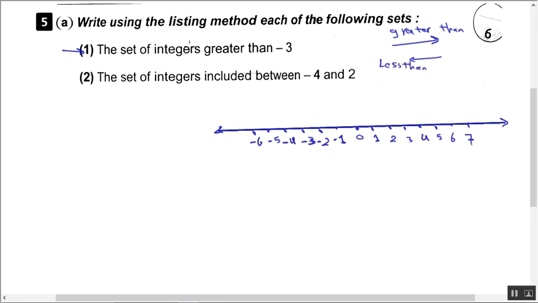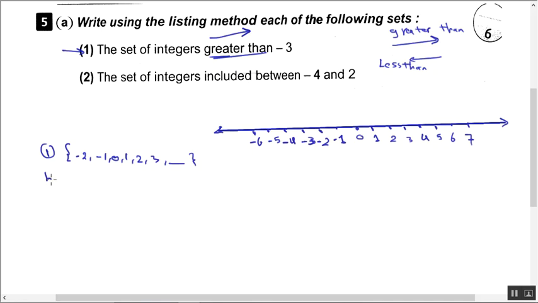He said greater than, so move to the right side. The numbers greater than -3 will be -2, -1, 0, 1, 2, and so on. So the result of number 1 equals the set of -2, -1, 0, 1, 2, 3, and so on.